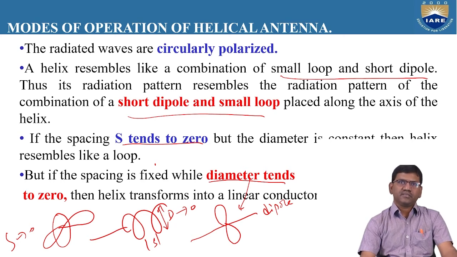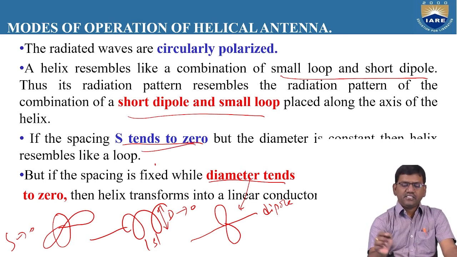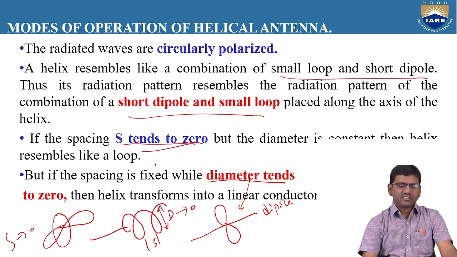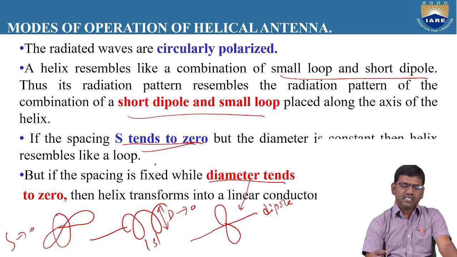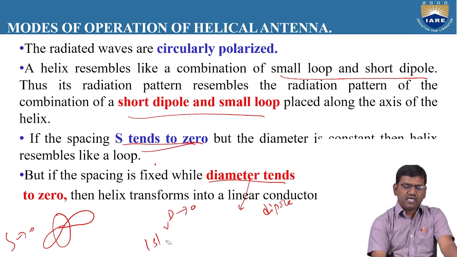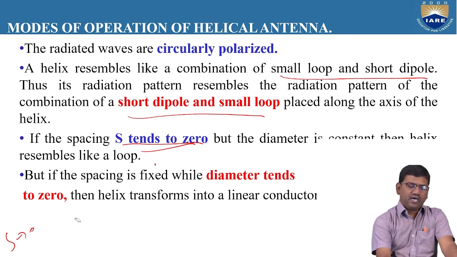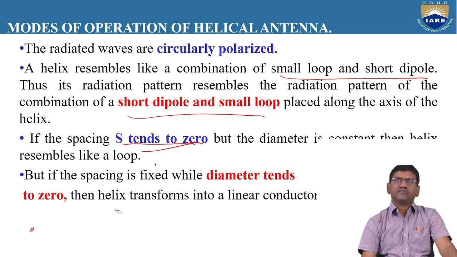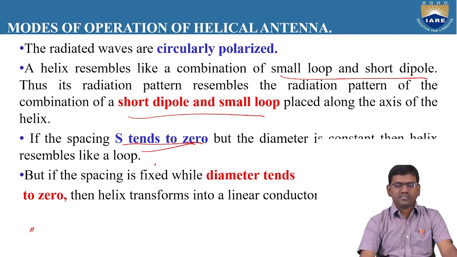The linear conductor is nothing but a dipole antenna. So for that dipole antenna, the radiation pattern will be bidirectional. Similarly, when S tends to 0, but the diameter is kept constant, then the helix resembles a loop. This radiation pattern also will be bidirectional. Hence, in normal mode, we can say that the helical antenna is going to appear like a combination of a short dipole and a small loop, which are placed along the axis of the helix.